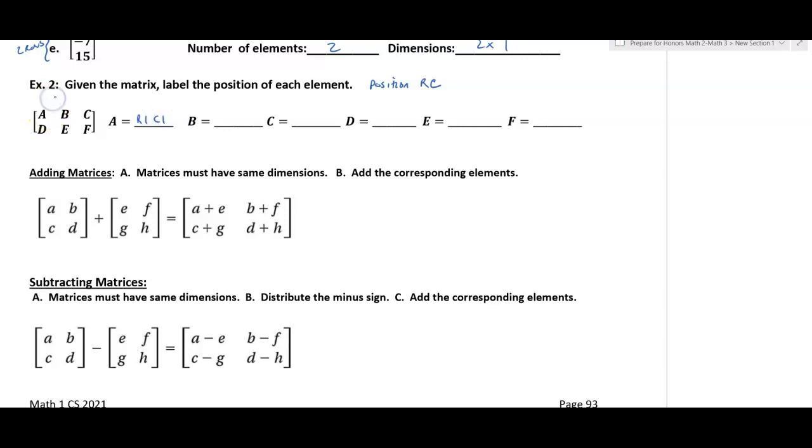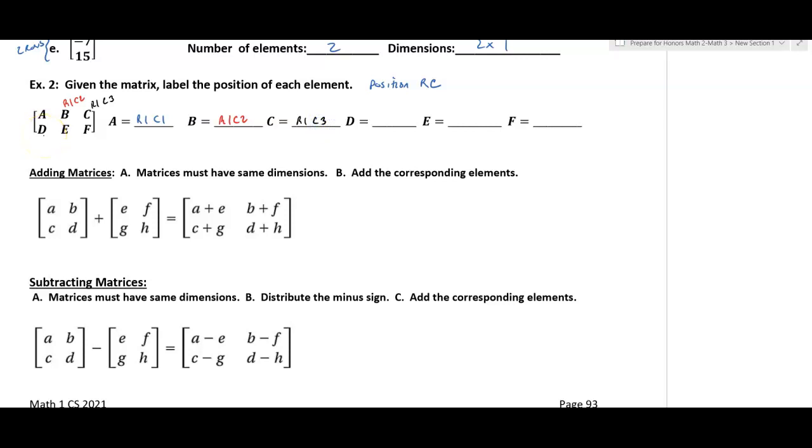If I look at letter B, that's still row 1, but now it's in column 2. So that's row 1, column 2. Letter C, still row 1, but now it's column 3. So row 1, column 3.